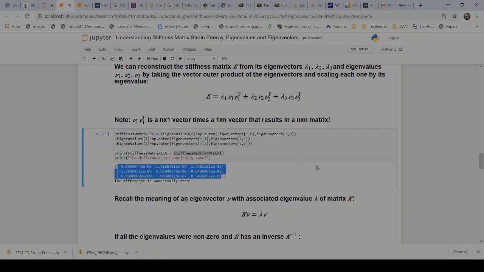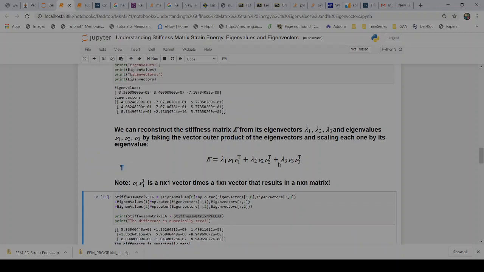Now this also allows us to think about the interpretation of the eigenvalues. If this is the way I can reconstruct the stiffness matrix, then the V1 transpose and V2 transpose terms associated with the non-zero eigenvalues are contributing stiffness.